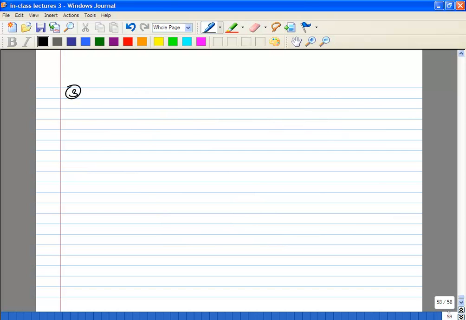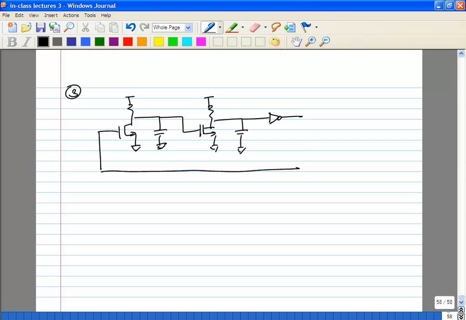we'll try to add an ideal inverter. Okay, so does this circuit oscillate? Why not?